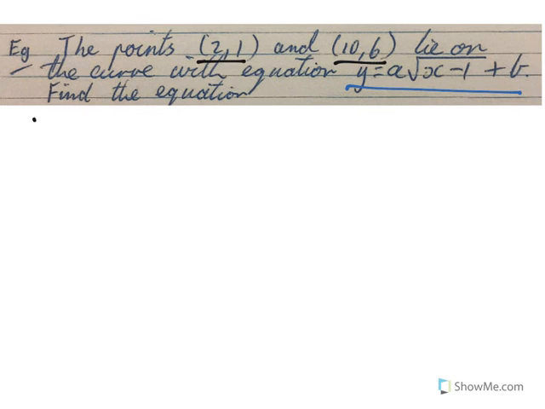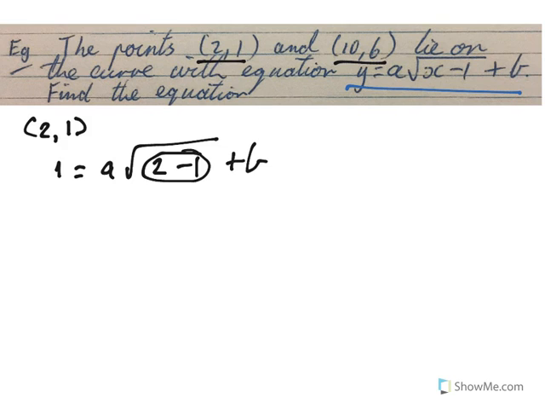If I put (2, 1) into that, I get that 1 equals a square root of (2 minus 1) plus b. When I neaten that up, I'll find that this bit here is equal to 1 and the square root of 1 is 1. So I get 1 equals a plus b.